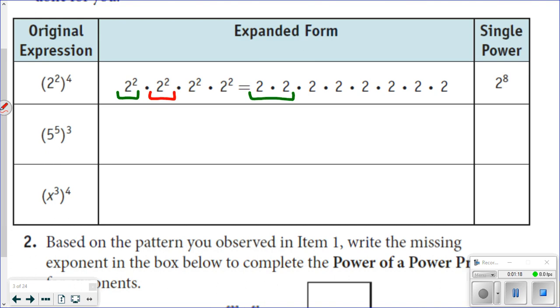Again, 2 squared, which is 2 times 2. 2 squared. And 2 squared, which is 2 times 2. So I have 2 squared multiplied by itself 4 times, which essentially is 2 times 2 times 2 times 2 times 2 times 2 times 2 times 2. And if I count all of those up, it's 2 multiplied by itself 8 times. So it's 2 to the 8th power.